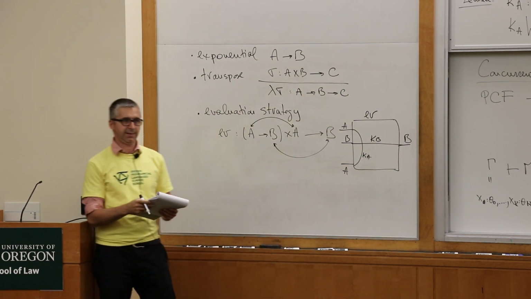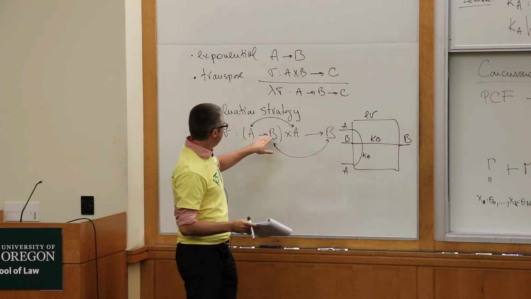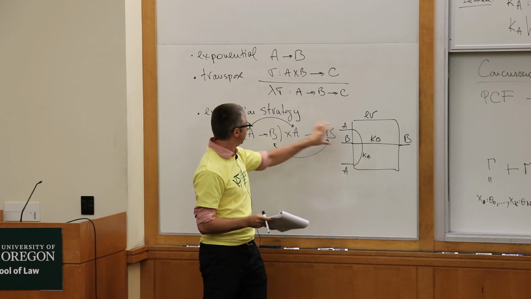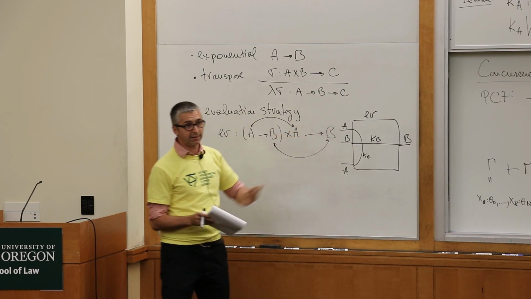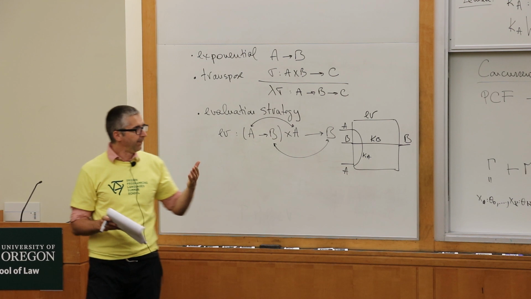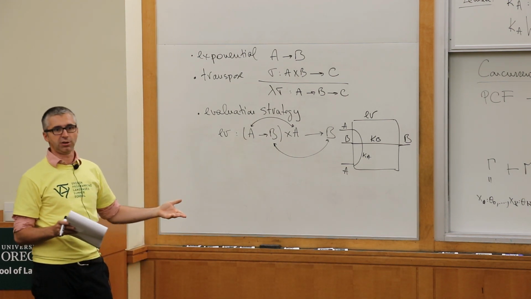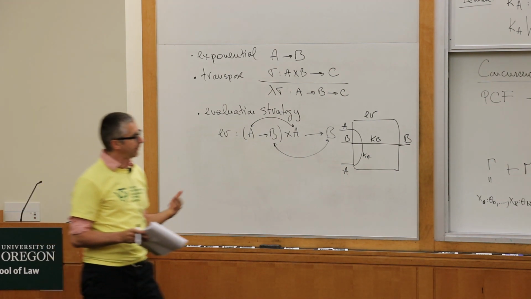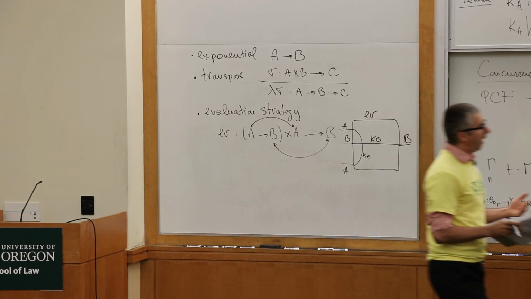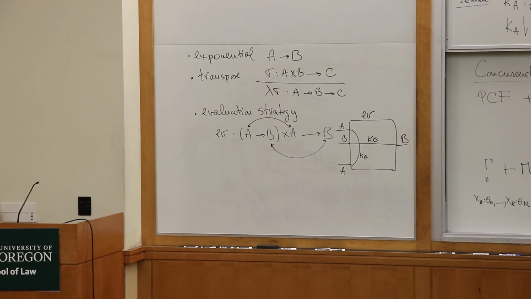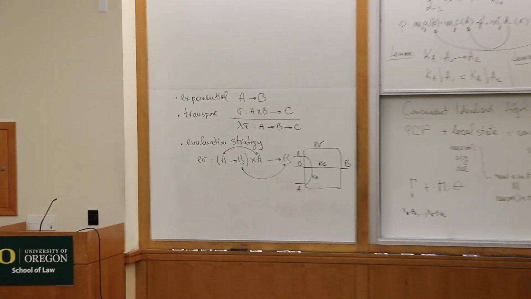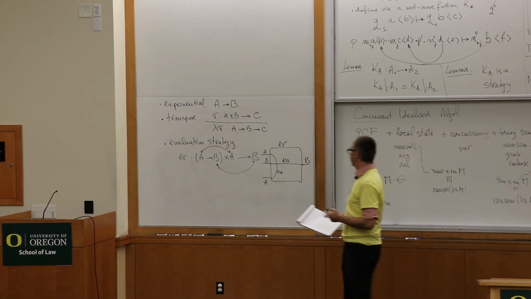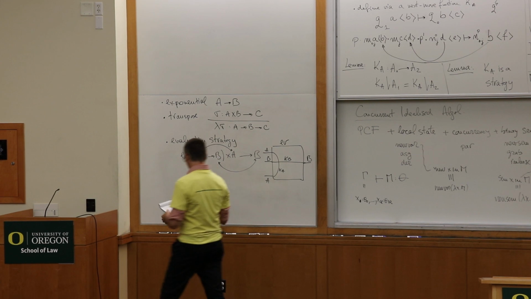It's just copycatting. Everything that happened here gets copycatted from B to B, from A to A. That's all that happens. So as you can see, all the structural morphisms, the morphisms that interpret the lambda calculus, are copycat. The projections are copycat, and the evaluation is copycat. These are the key strategies.